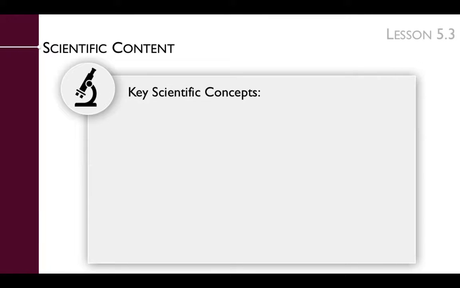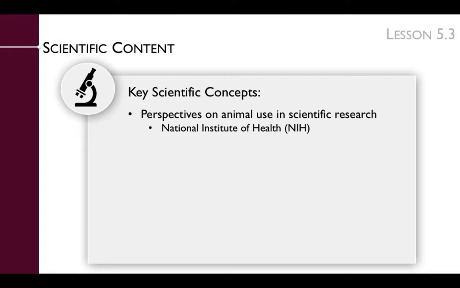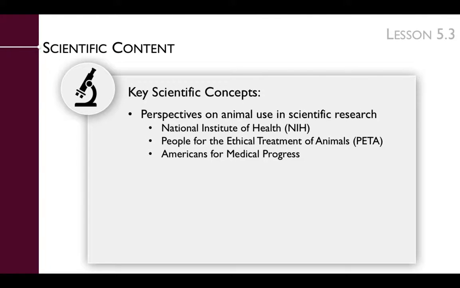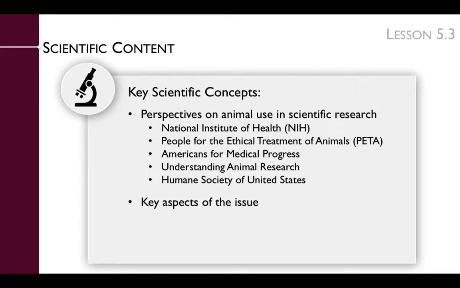To prepare for this lesson, you'll need to review the key scientific concepts that will be presented in it. They include the perspectives on animal use in scientific research, including those of the National Institute of Health, NIH, People for the Ethical Treatment of Animals, PETA, Americans for Medical Progress, Understanding Animal Research, and the Humane Society of the United States, and an awareness of the key aspects of the issue that explain each of the perspectives' view on animal use in research.